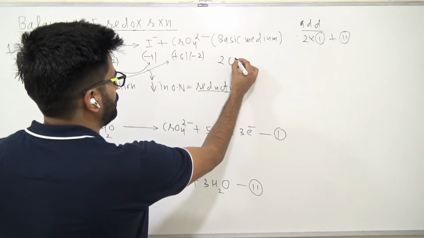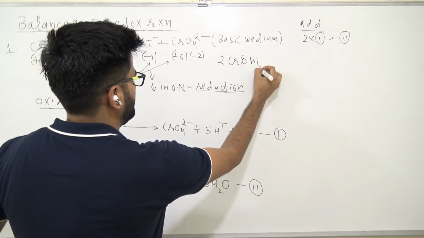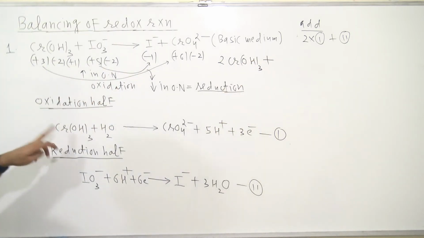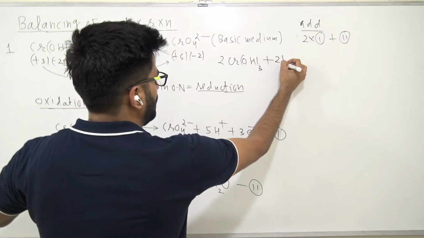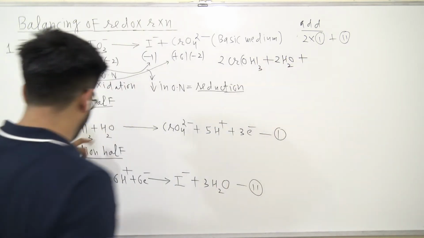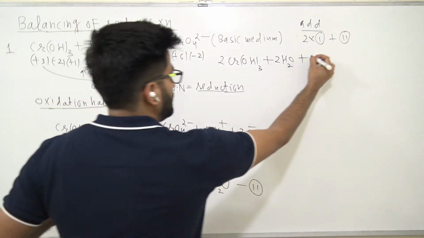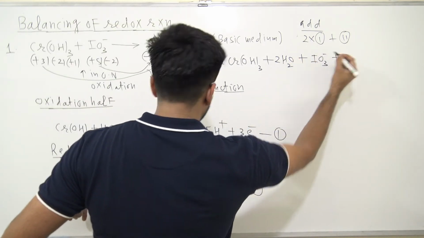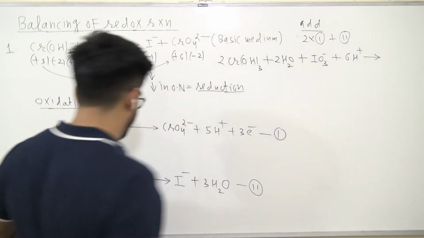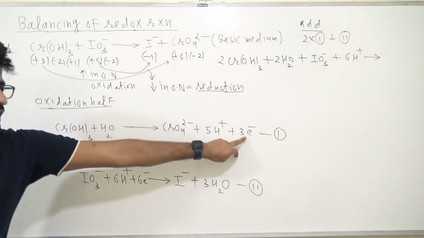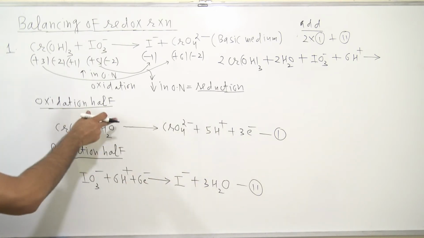So here we will get 2 Cr OH thrice, right? I hope it's clear to everyone. And here we will get 2H2O plus IO3 minus plus 6H plus gives us 6H plus. Clear? Electrons, 6. I'm not showing you how I multiplied.